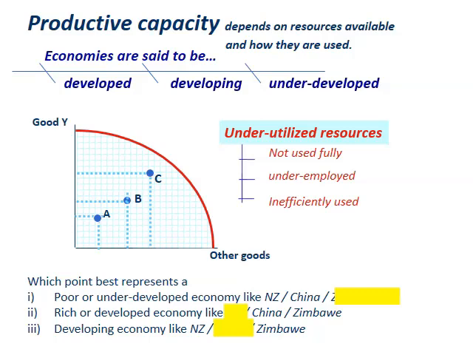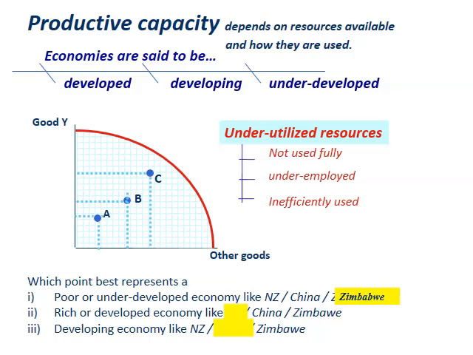So you could take three points inside the curve to represent three different economies, and the most developed would be closest to full employment, in other words, closest to the curve. Point A, on the other hand, would represent a country that has not developed its resources, and the reason it can't, of course, is that it probably won't have much money to do so.